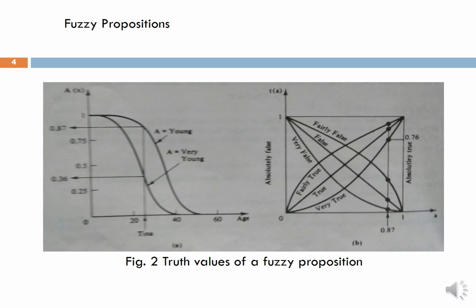Likewise, in figure B for T of A, you can see absolutely true and absolutely false: true, fairly true, very true, and likewise fairly false, false, very false. So you can predict the value based on the fuzzy propositions.